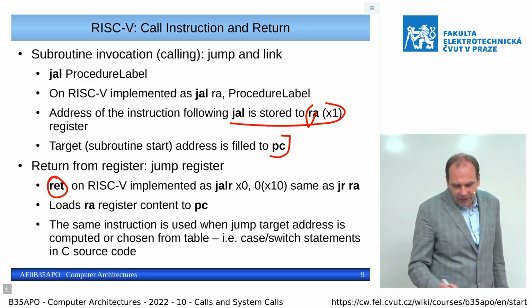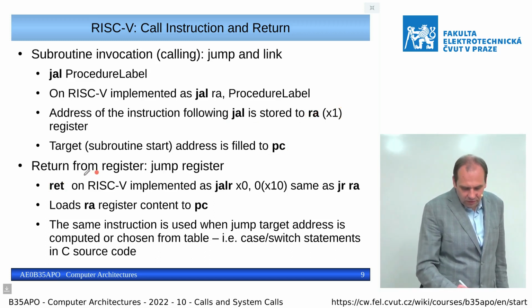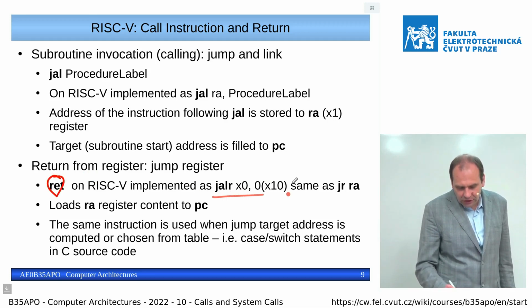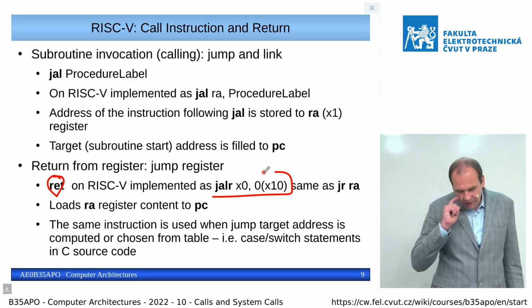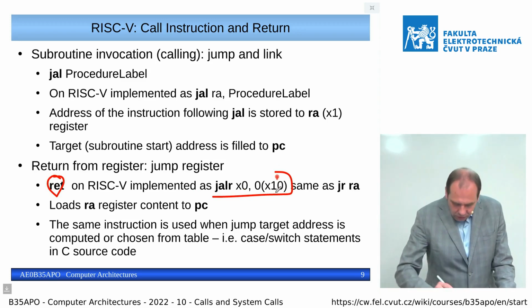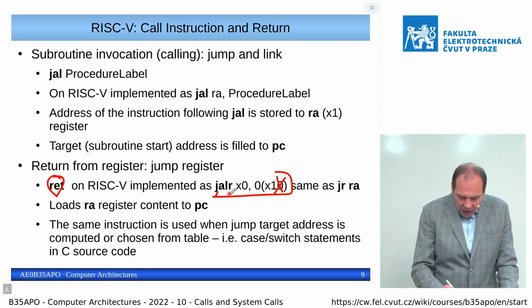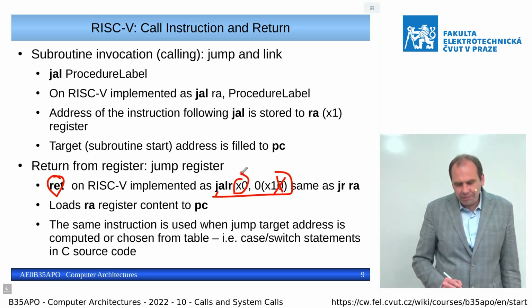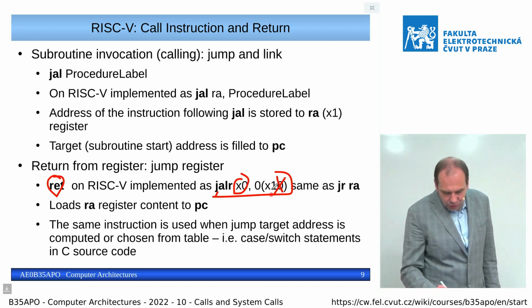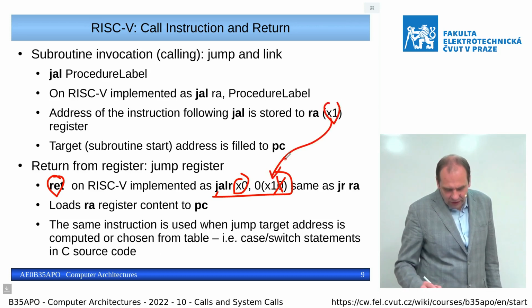But in fact, this return instruction is a pseudo instruction, and I have a mistake there, there should be X1. It is a jump and link to the register, but the result of this jump and link should be discarded through register 0, and we should end at the address which has been previously stored to X1.